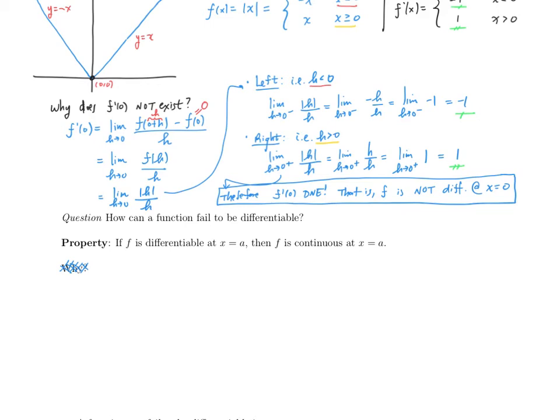When it comes to if-then statements, we have to be particularly careful about the order. If something, then something else. So let me ask you a question to get us going. If we reverse the order, that is, mathematically, if we were to discuss the converse of this statement: if f is continuous at x equals a, then f is differentiable at x equals a.